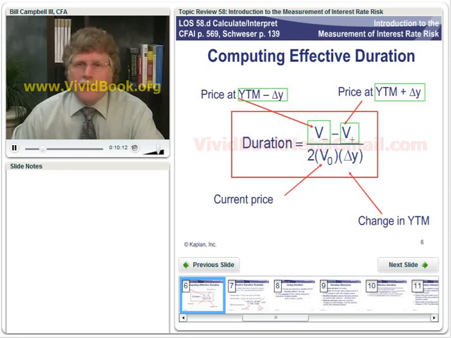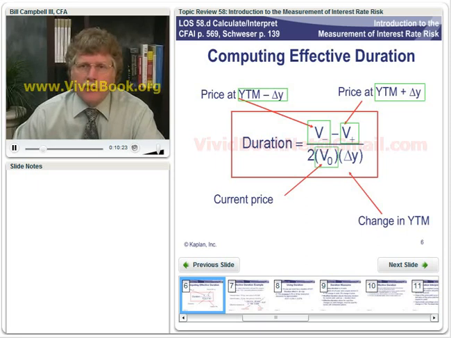We take the difference in those prices, we divide by today's price, by V0, that gives us a percentage change, and then we divide by the total difference in yield. So notice, we're dividing by delta Y, and we're also dividing by 2.